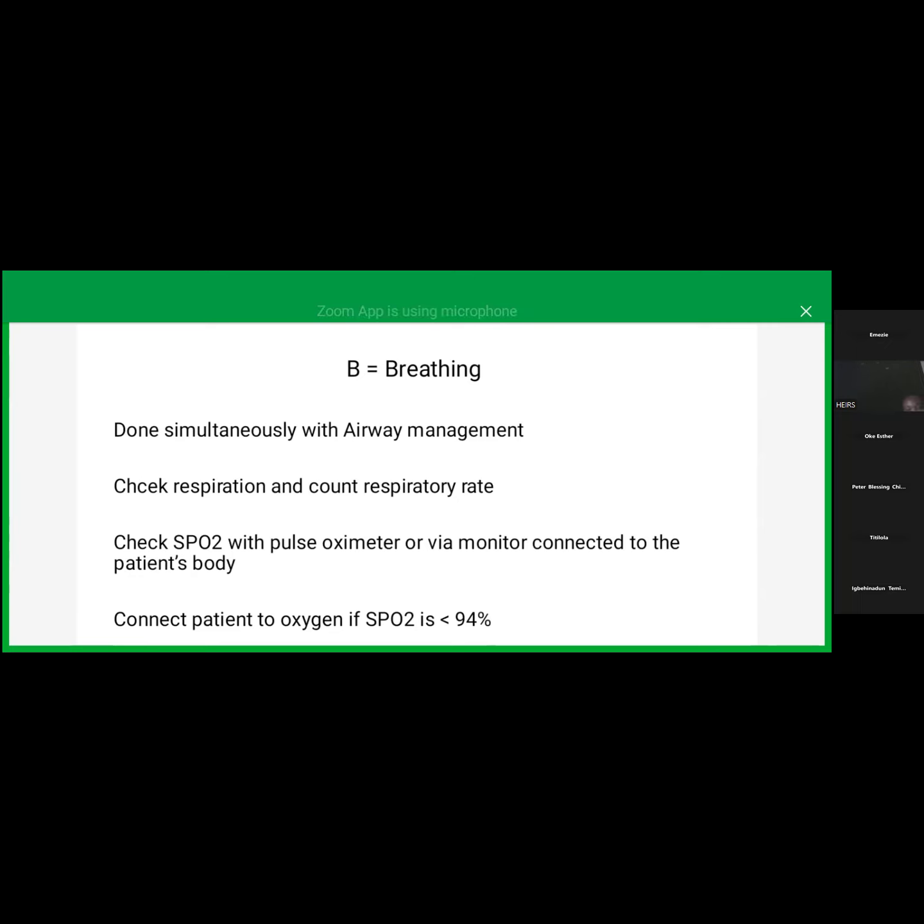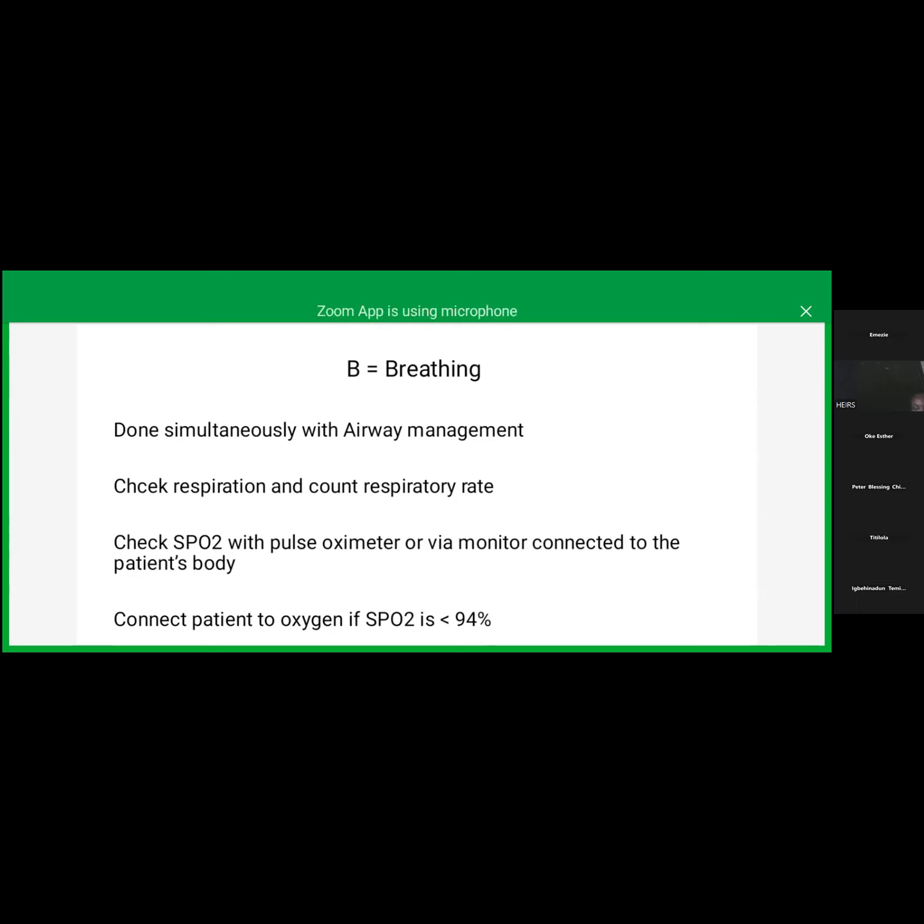However, in patients that are in the hospital, patients that are seriously sick, critically ill, we still consider a respiratory rate of 22 to be within a normal range. So in patients already on admission in the hospital, critically ill, we consider up to a respiratory rate of 22 as normal.